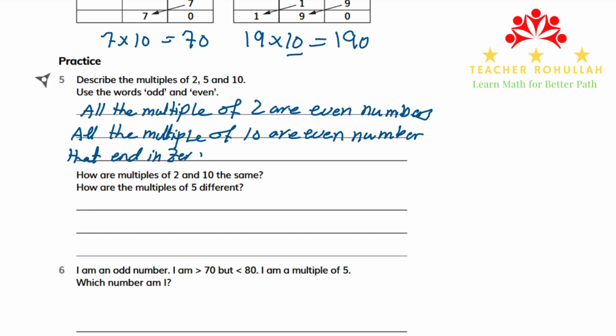Let me write 0 in parentheses. All the multiples of 10 are even numbers that end in 0. But we did not say all the multiples of 2 are even numbers that end in 0, because multiples of 2 can be other numbers other than the number that ends in 0 also.